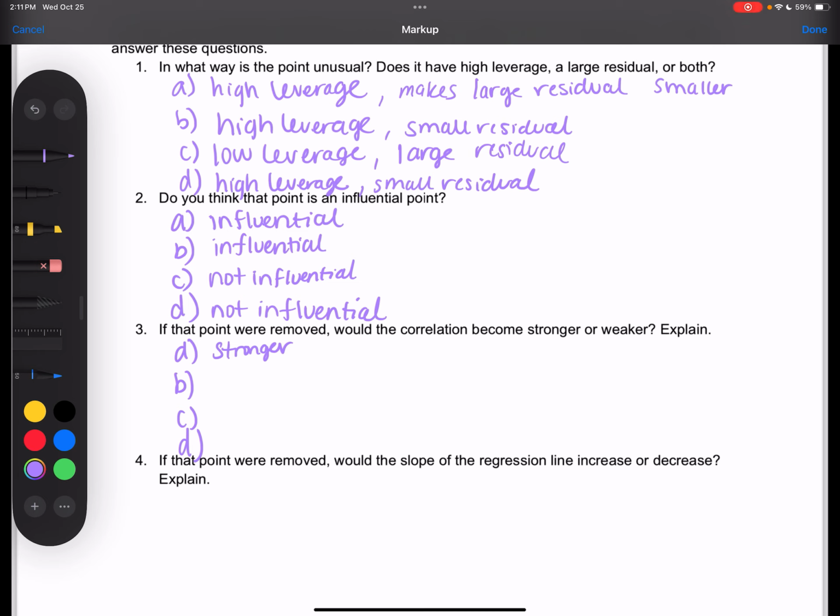It's a positive influence from a distance, because it's an outlier. So it makes it weaker. If we remove the outlier, it would become stronger.